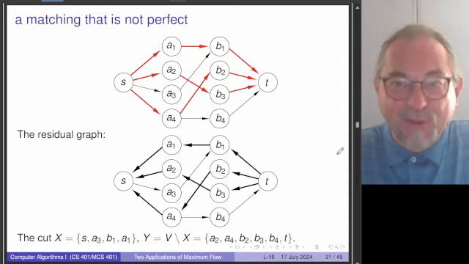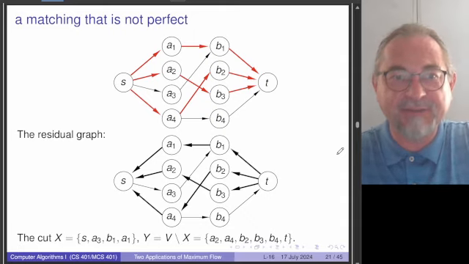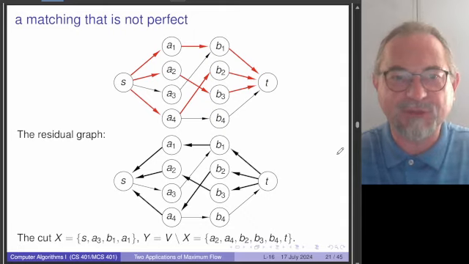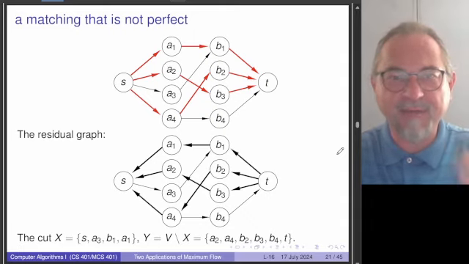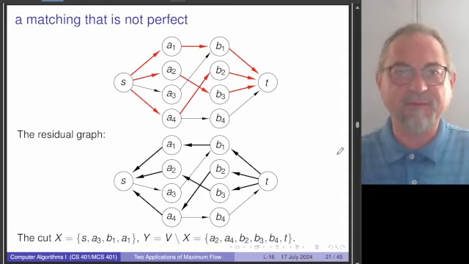So here we have our running example again. We have a matching that is not perfect. I should say that it's our running example, but I removed one of the edges, so it's actually not the same example. It's an example where not every worker can be given a job.